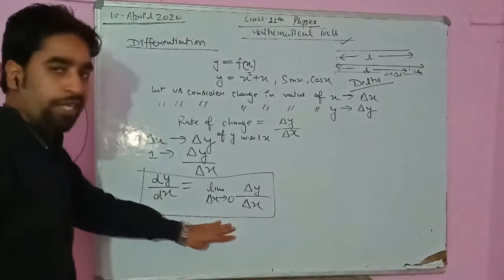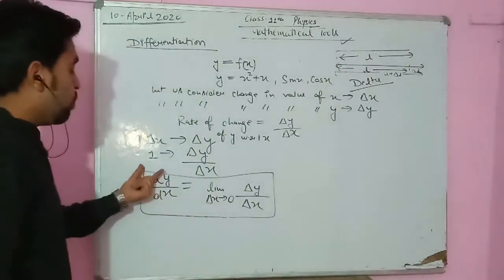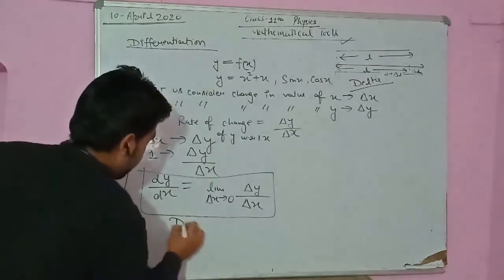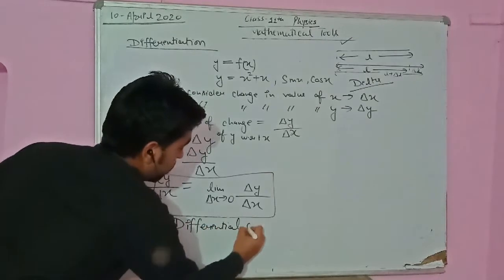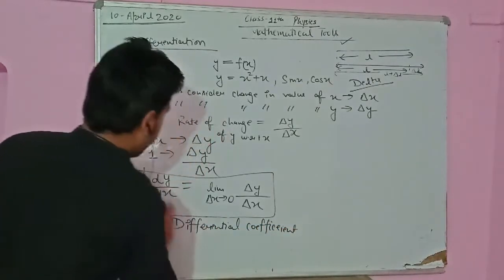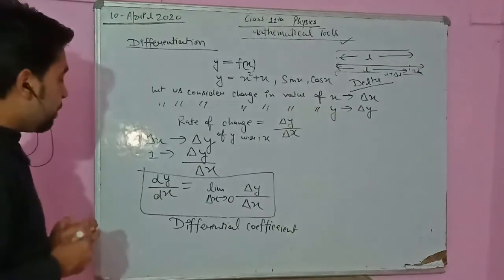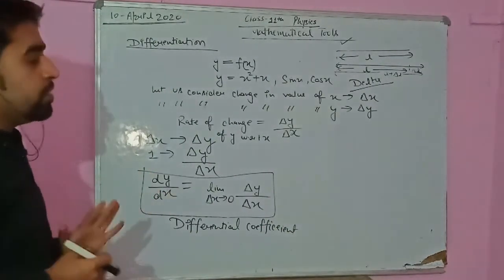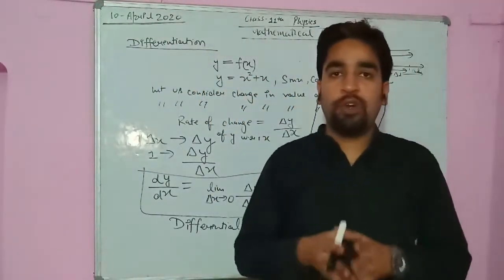So the rate of change when del x is tending towards 0 is known as the differential coefficient. The differential coefficient is always written in this way, dy upon dx. So this was the physical meaning of differentiation. I hope you understood this.